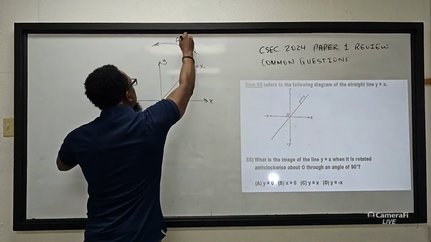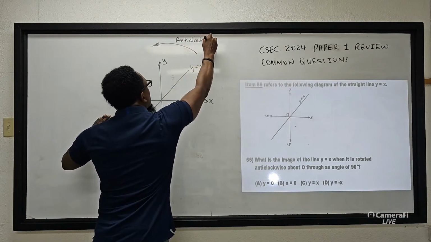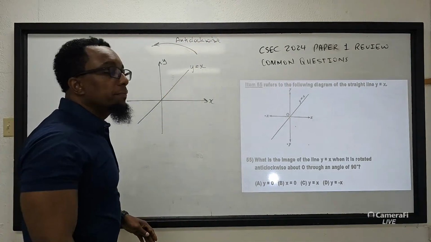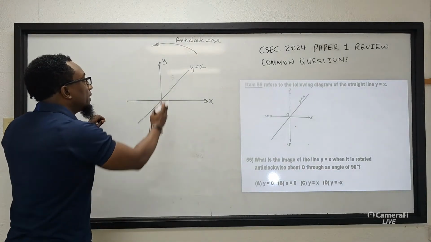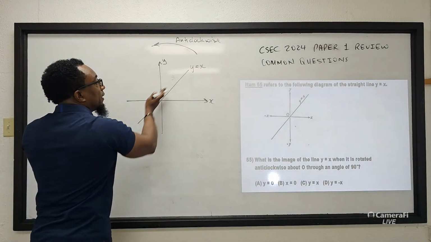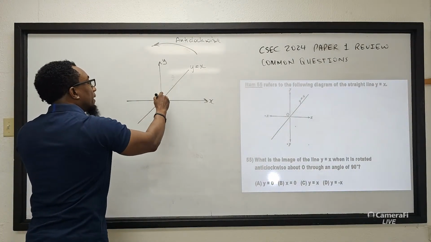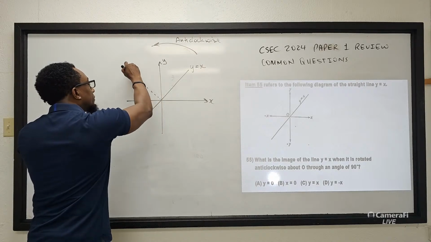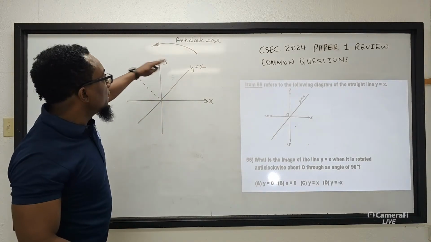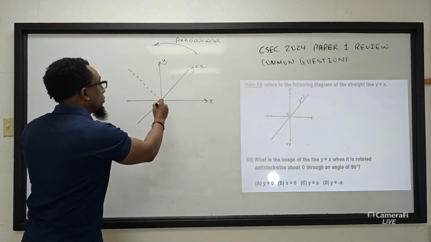That's anti-clockwise. And if I move that through an angle of what? 90 degrees. Let me take this half of the line and move it through an angle of 90 degrees. Alright, that's me moving anti-clockwise. This half of the line. This is the origin here.